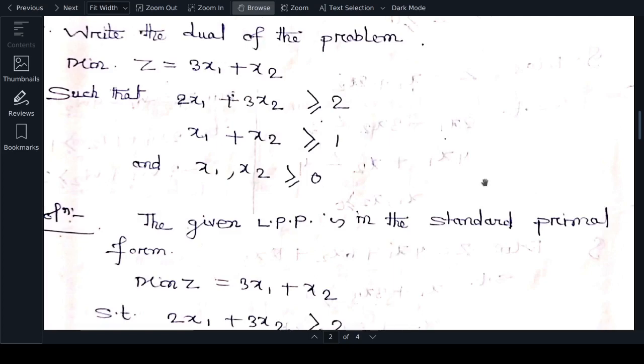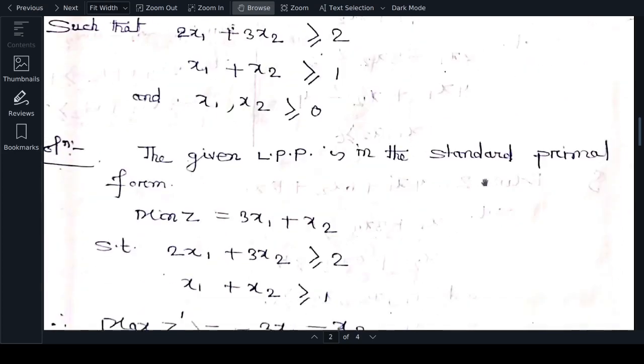So min z equal to 3x1 plus x2 such that 2x1 plus 3x2 greater than or equal to 2, x1 plus x2 greater than or equal to 1.